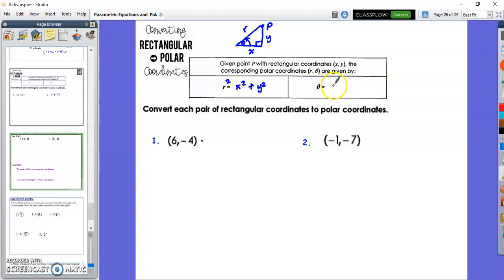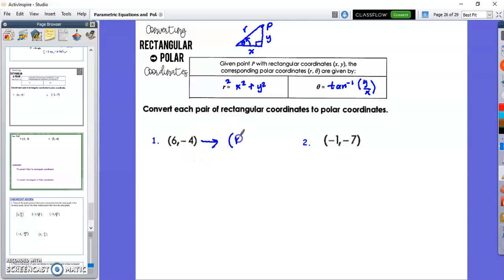And for your theta, from the knowledge that we have in the unit circle, we're going to have the arctangent of y over x to find the theta. So we're going to use this formula to convert our rectangular coordinates to polar coordinates.